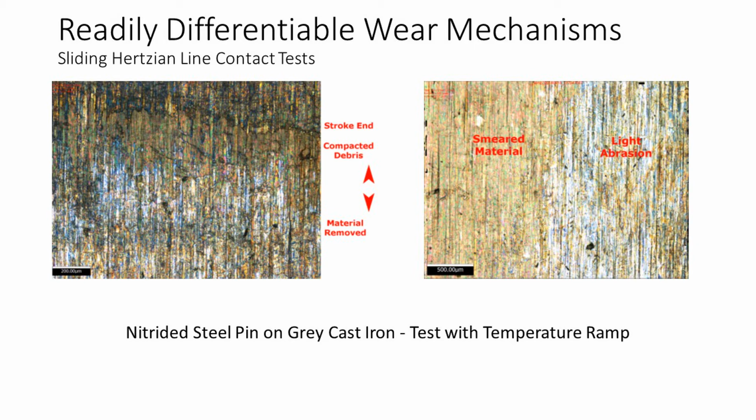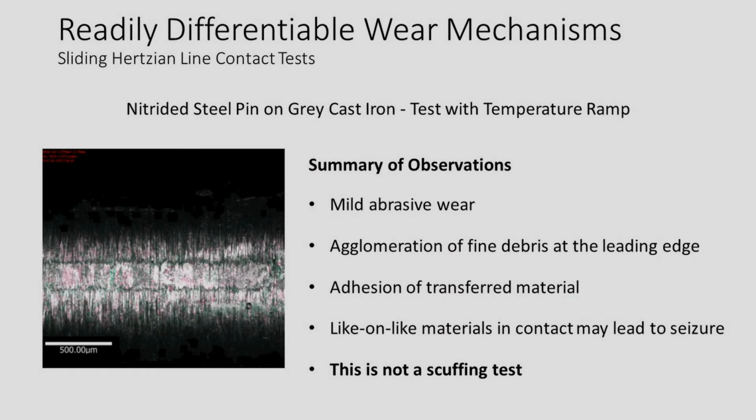Away from the stroke end, at about 25% of the stroke length, and under high magnification, there is a mixture of smearing of material in the grinding marks on the left and light abrasion on the right. Turning to the moving specimen, what is observed is not a wear scar, but an agglomeration of transferred fine debris material across the width of the contact. This is more consistent with fine two-body abrasive wear than adhesive wear.